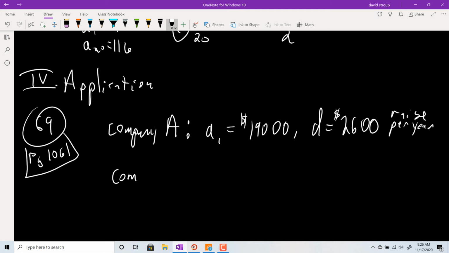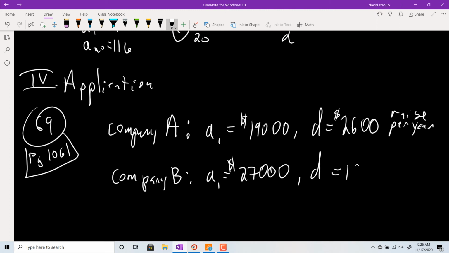Then there's a rival company, B, who's offering you a starting salary of $27,000. That sounds better, right? And then raises that aren't as good as the other place, only $1,200 per year. And you've got to figure out where you should work, because all you care about is money, right?